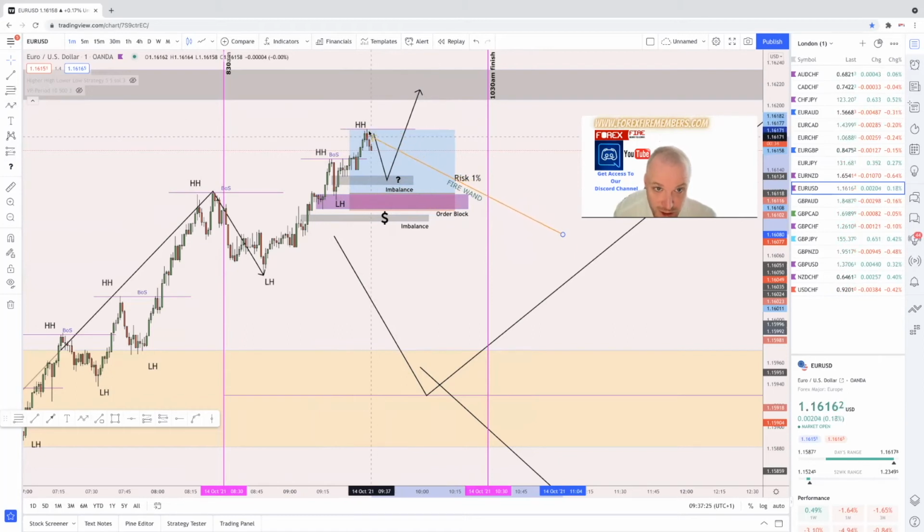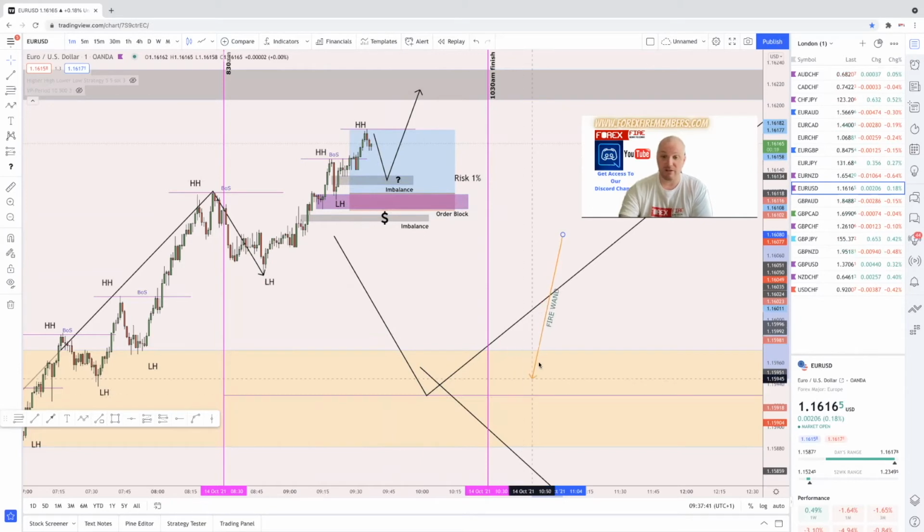But there's every chance this will come down into the range of the breaker structure, hitting the imbalance area, okay, and then taking off to the higher side to possibly then do a reversal down to these areas to bounce back up. But we'll see what happens there.